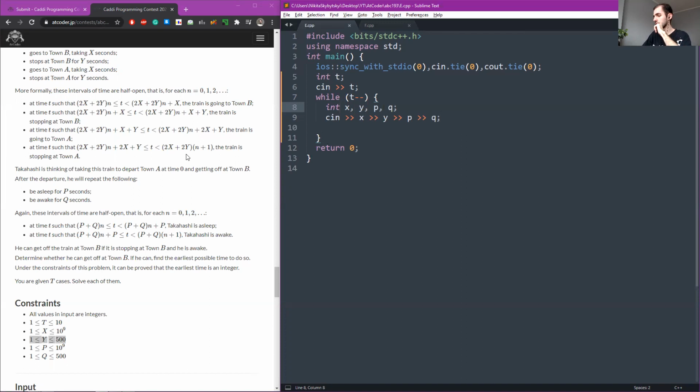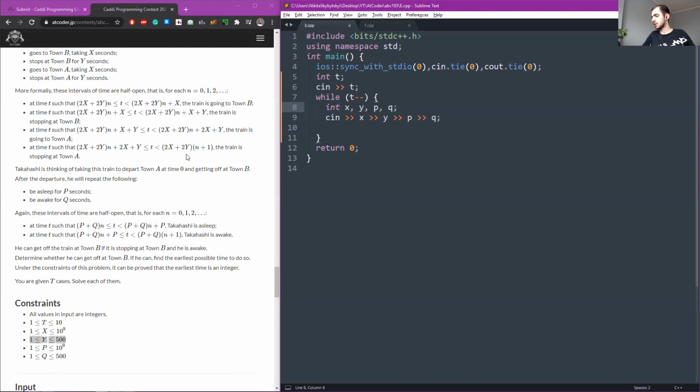Because P may be actually quite small. Not exactly sure how we are supposed to use the constraints to our advantage.